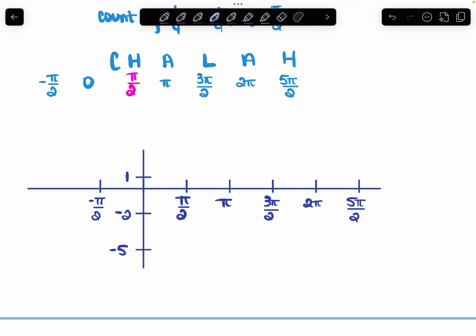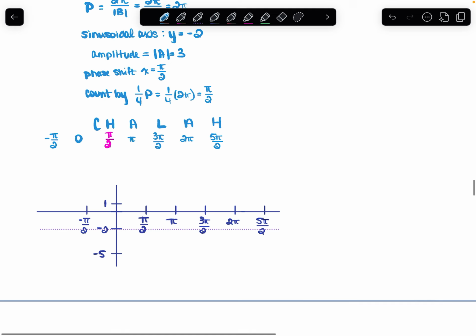All right, so sinusoidal axis, if you want to draw in, just to kind of remind yourself where it's supposed to be, since we did have a shift down, and then I can get my criticals in. So my main critical value, that starting phase shift, pi half, and it's going at a high, which was at 1. Then I go back to my axis at pi, down to my low at 3 pi half, back to my axis at 2 pi, up to the high at 5 pi halves. Then we mirror that image back to the left.